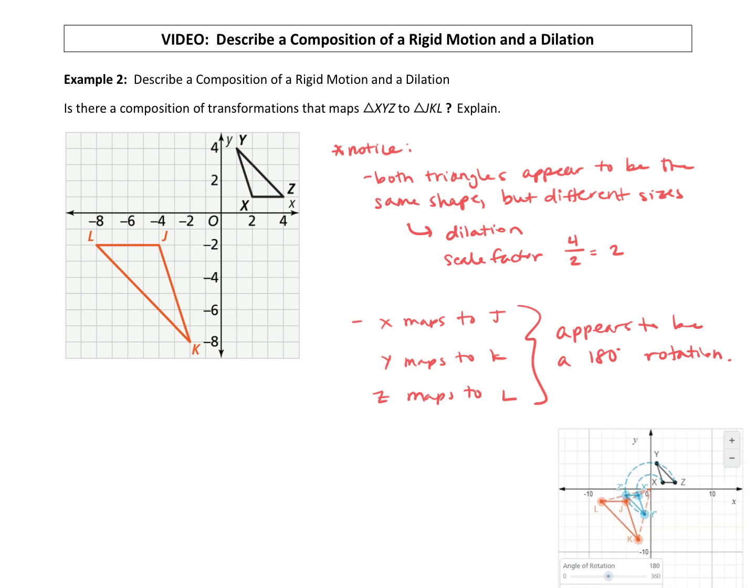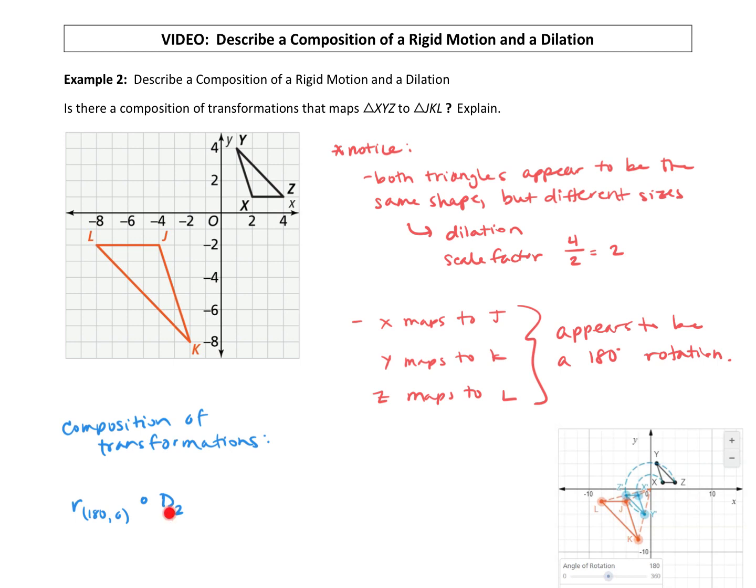All right, so here's our final summary of all of this. We could write that we had a rotation of 180 degrees about the origin, composed with a dilation of scale factor 2.